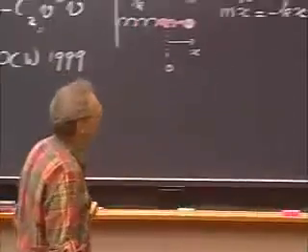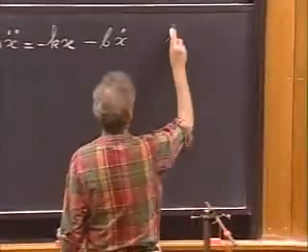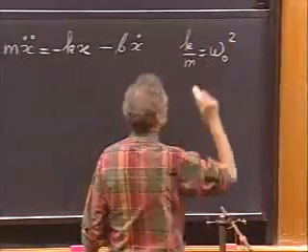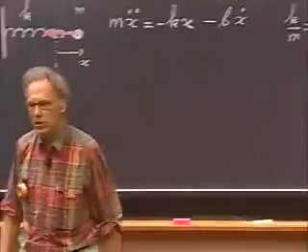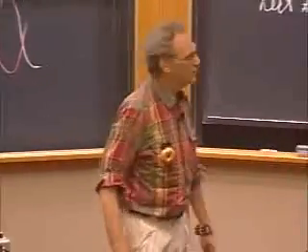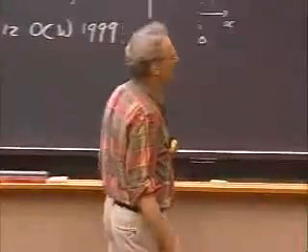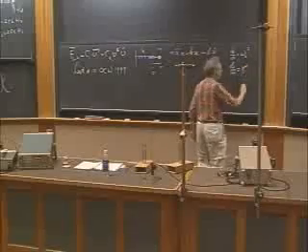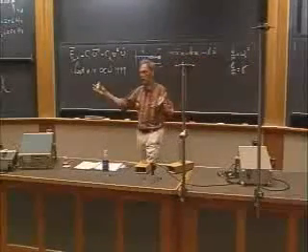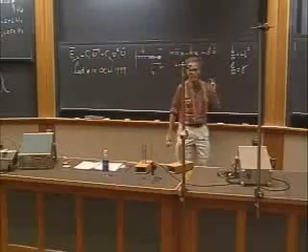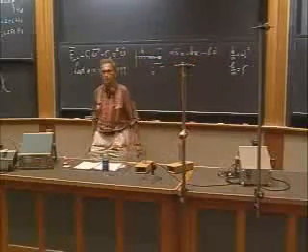I will introduce some shorthand notations: K over M is omega 0 squared. Remember, that is the angular frequency of a spring oscillating in the absence of any friction. We've seen that last time. And I will also introduce a symbol B over M equals gamma. That's also a tradition. Gamma has the same units as omega, seconds to the power minus 1.